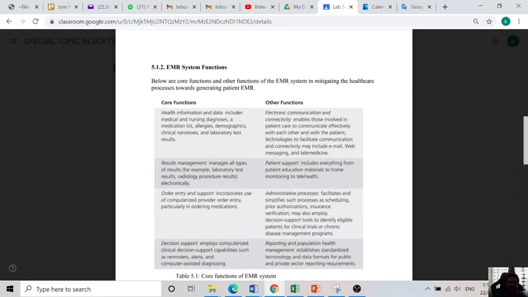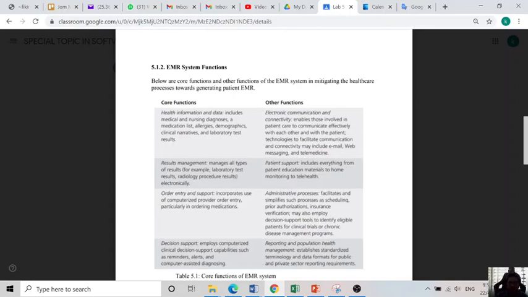Lastly, not least, the EMR system is used as a tool to make decisions, to help the healthcare professional simplify the complex data and produce very effective information to decide on a certain patient problem in terms of treatment planning.